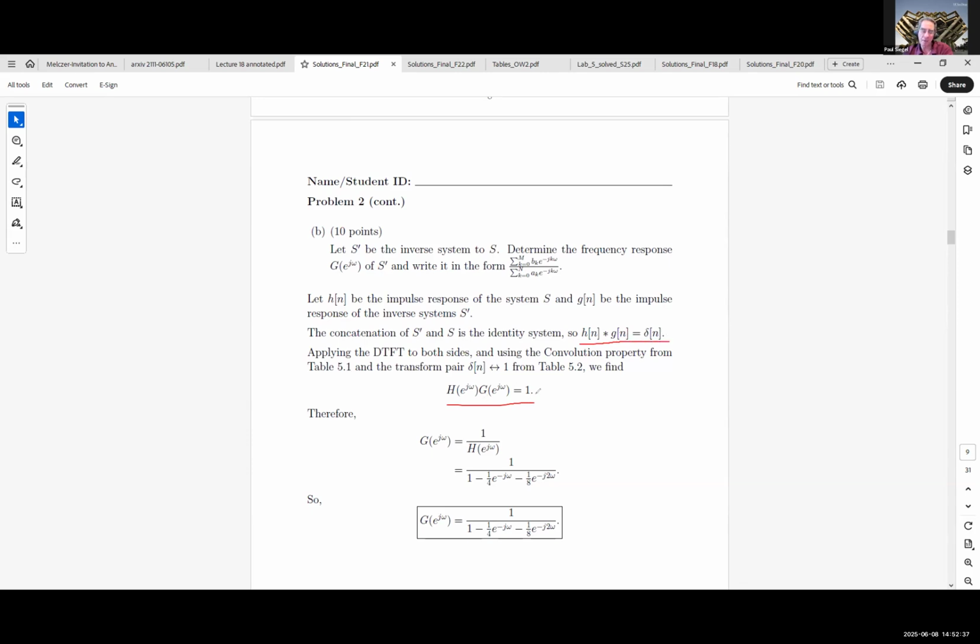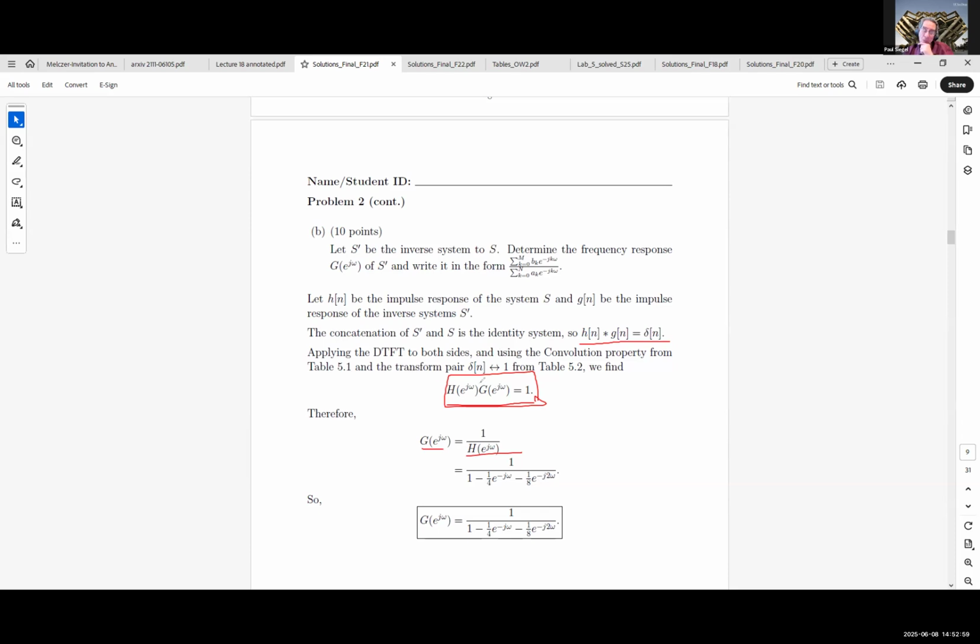When we transform that, it becomes this expression in the frequency domain. And this relates to the question that Natalie asked earlier: the frequency response of the inverse system is just going to be the inverse of the frequency response of the original system.